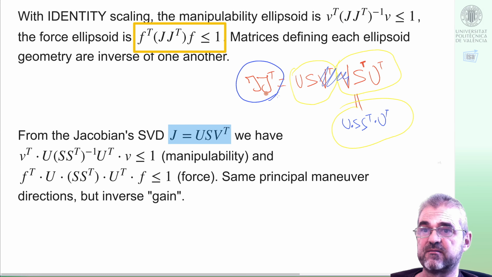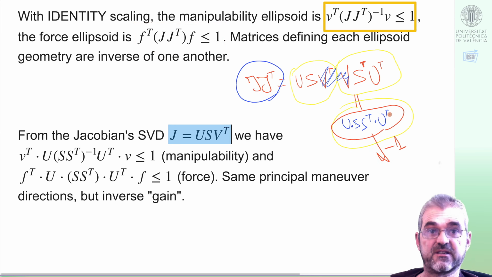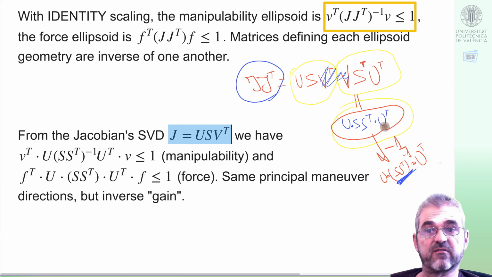So basically, if I invert this matrix, inversion changes order, but also, inverting is like transposing in U, so the end is just the same matrix, but with the diagonal stuff inverted.